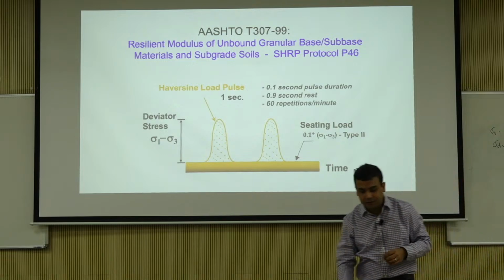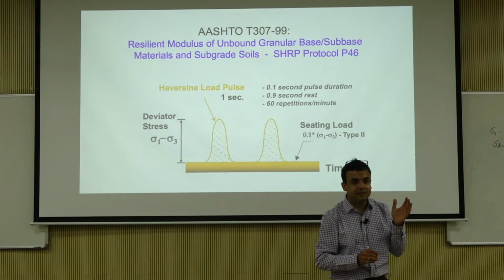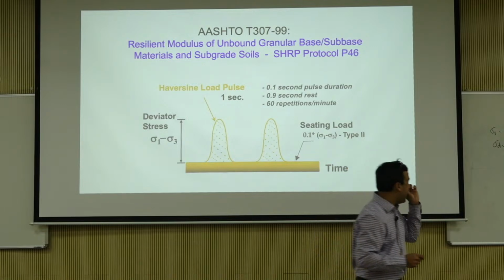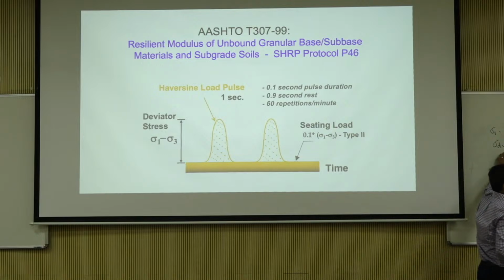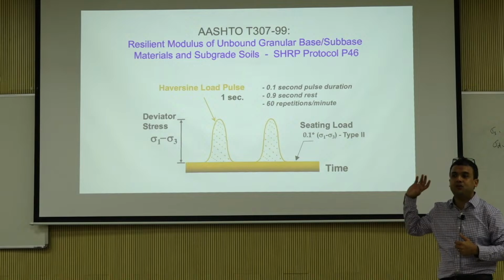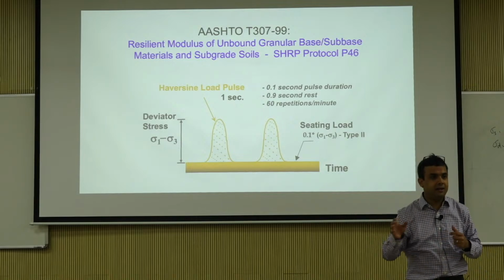0.1 second is this, very quick, right? And now I am trying to target 3 psi, 5 psi, you will see the maximum value is 40 psi, right?